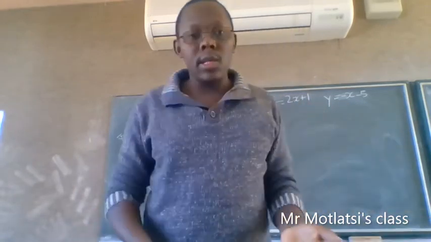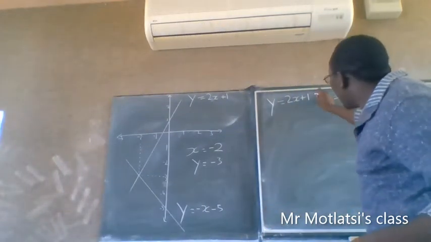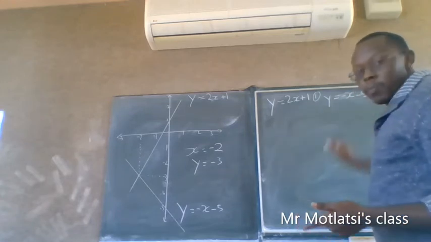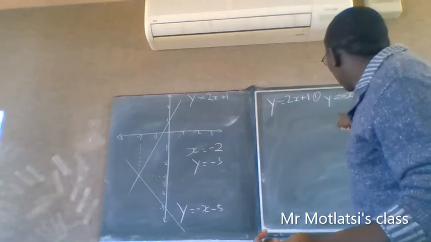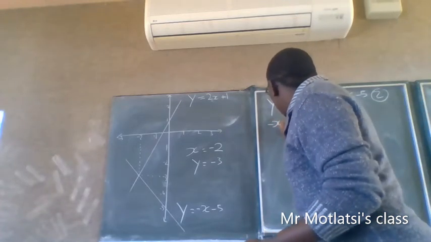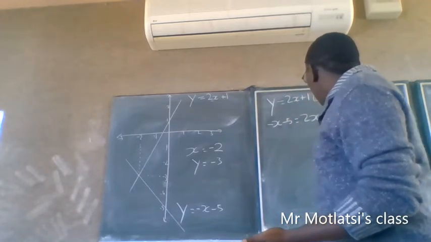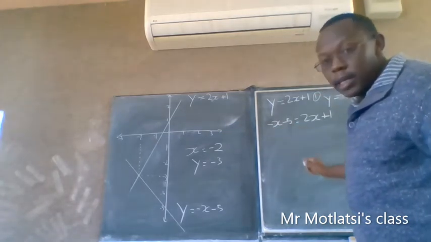This is our equation 1, and this is our equation 2. In equation 1, we substitute for y. Therefore, minus x minus 5 is equivalent to 2x plus 1. Then we collect the like terms.